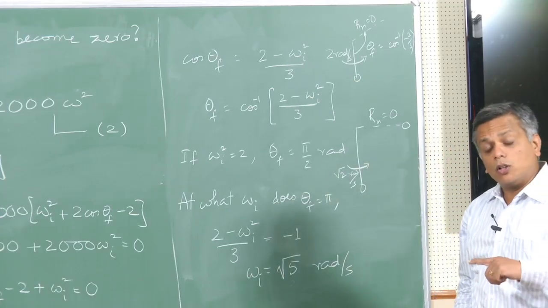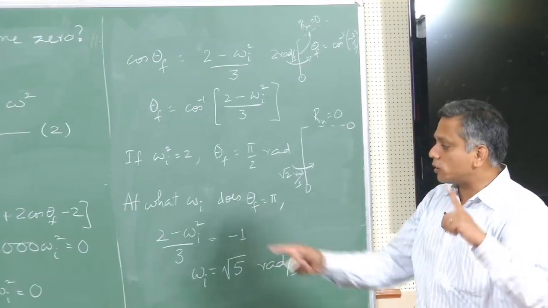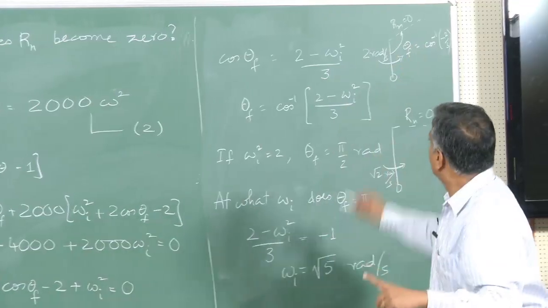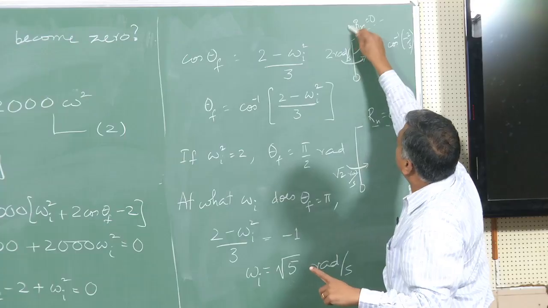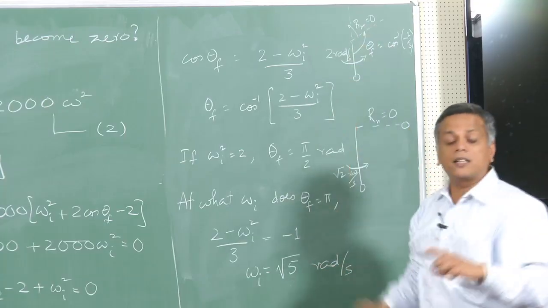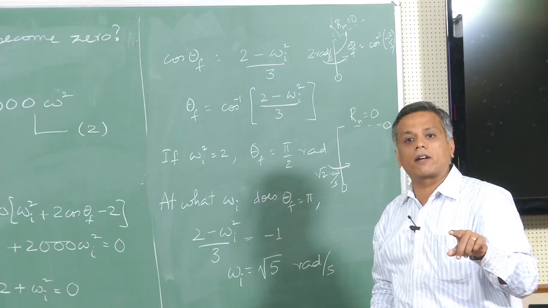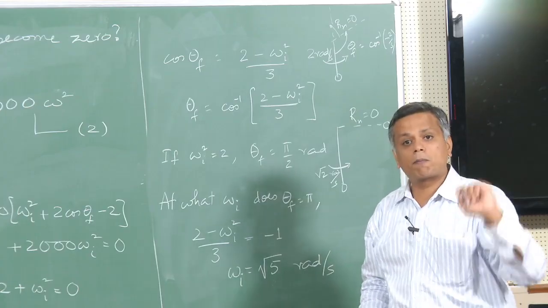Rn is 0, the bar is continuing to move because if I give it 2 radians per second, the bar would go all the way to the top. So for the remainder of this angular motion, the bar is under compression. Okay. So if you are a motorcycle rider, this is not acceptable.